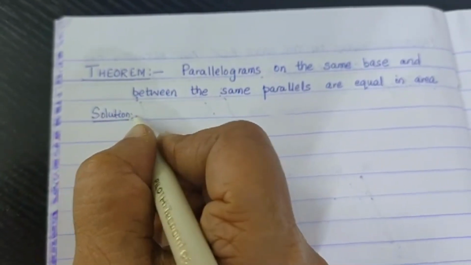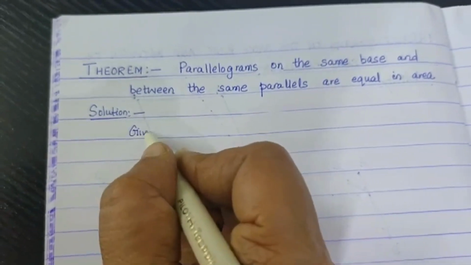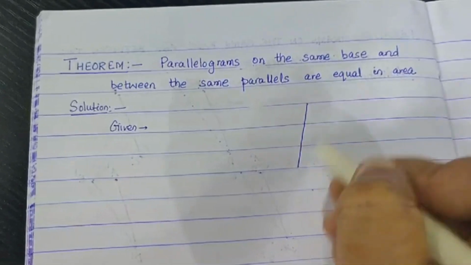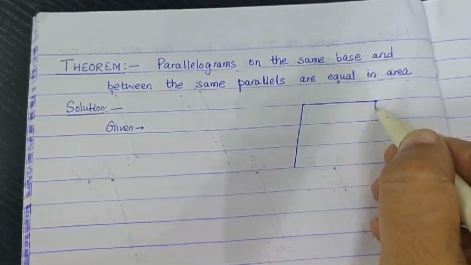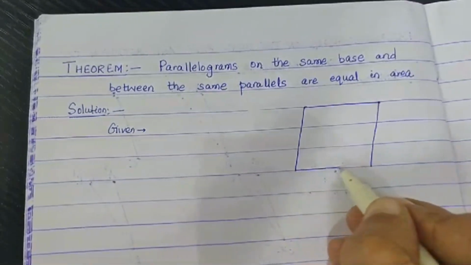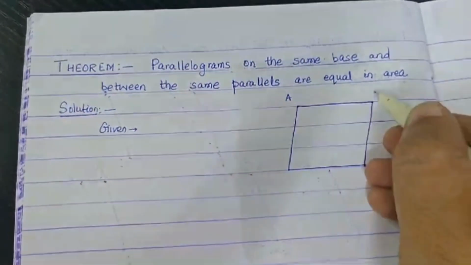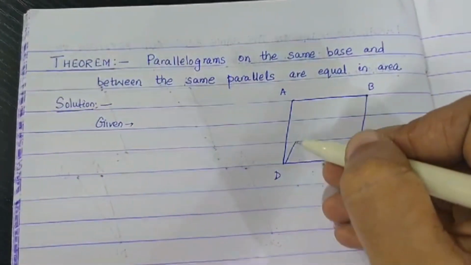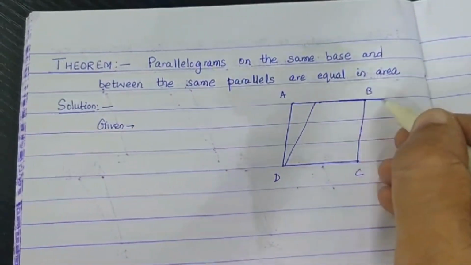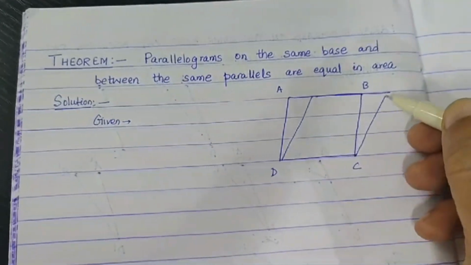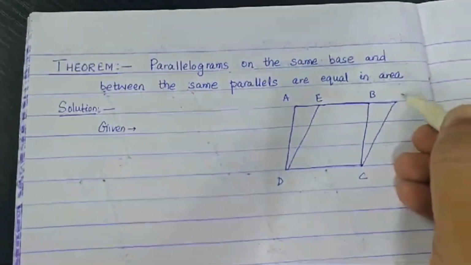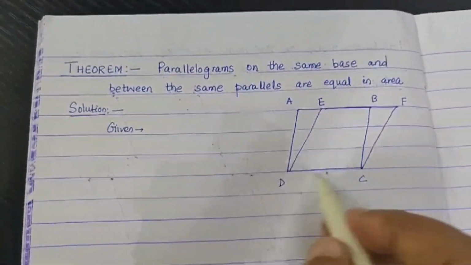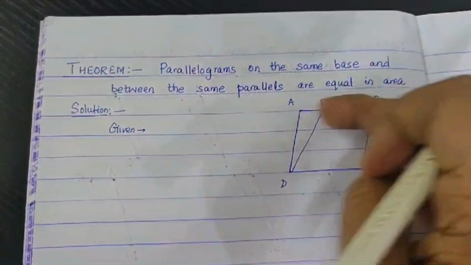First of all, what is given? So let us draw the figure. This is one of the parallelograms, ABCD, and this is another parallelogram, EFCD. So both are on the same base, DC or CD, and between the same parallels, AF and CD.